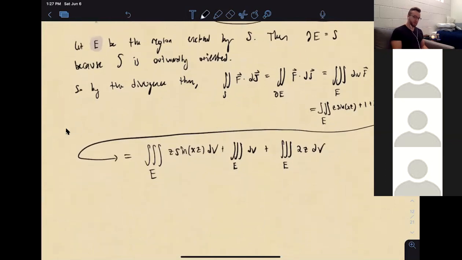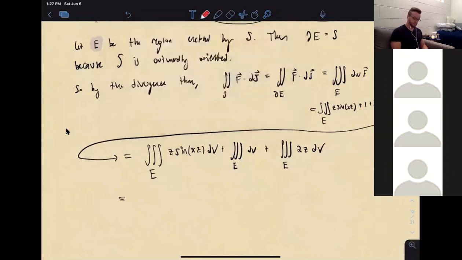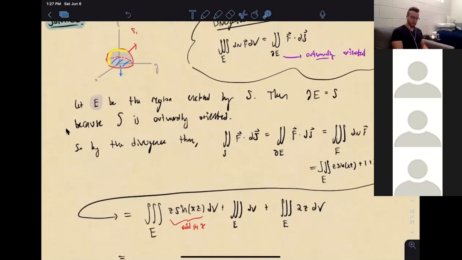The reason I'm doing this is because in this first one, what Ricardo's pointed out is that this integrand is odd in X. It's like sine of X. So this is odd in X. And the region E is symmetric about X equals 0.